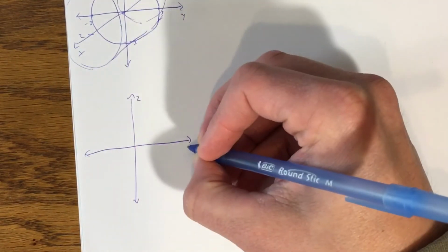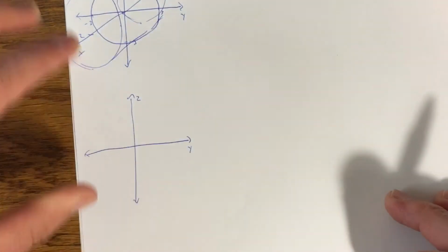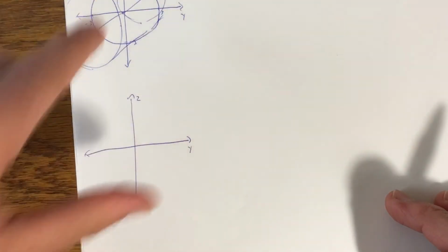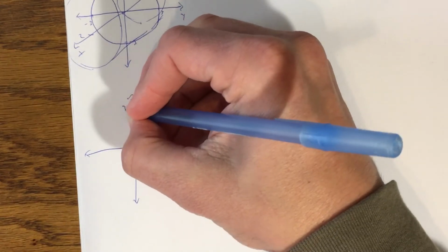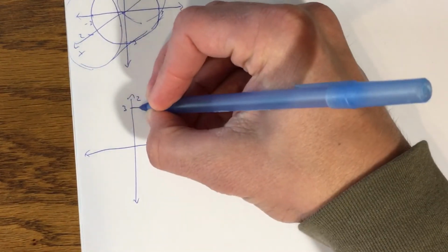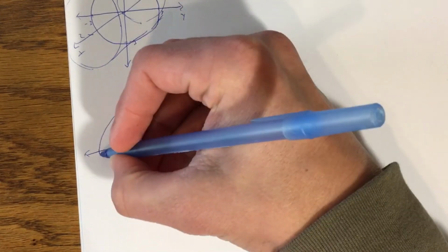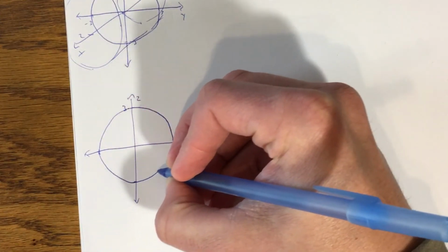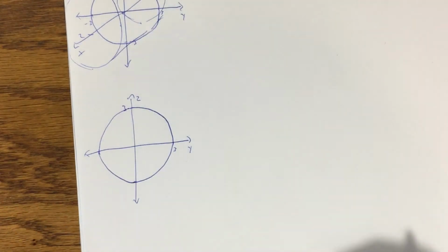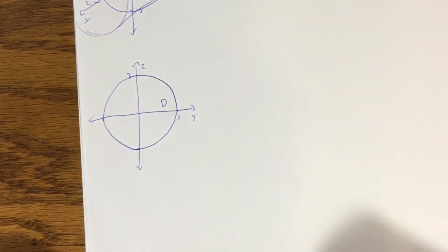YZ, so that's Z and that's Y. If I project this solid onto the YZ plane, it's just that circle centered at the origin, radius 3. So we have this. Okay. That's what I would be thinking of as my region D.